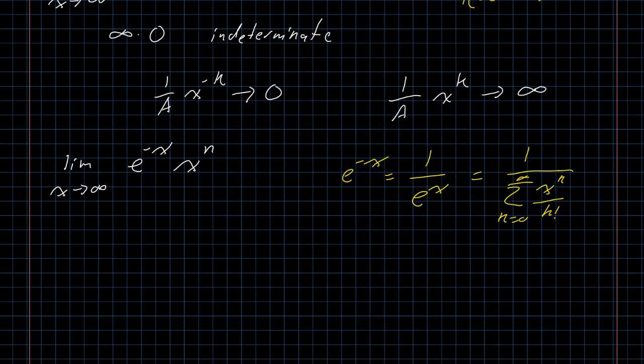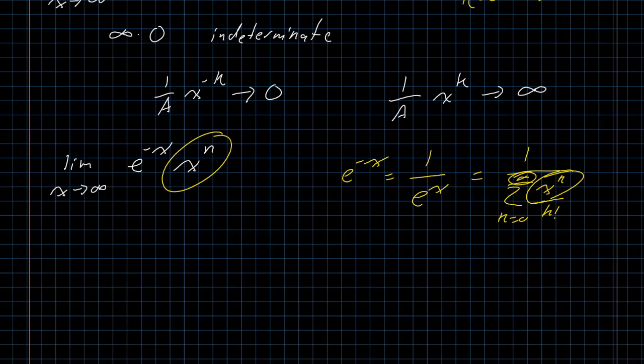Now, I have infinitely many terms in the denominator of this fraction. So it doesn't matter that I'm going to multiply in the numerator by some x to the n. There are infinitely many, but all that matters is at least one power of x in the denominator.